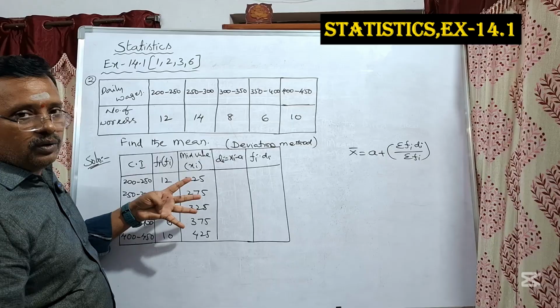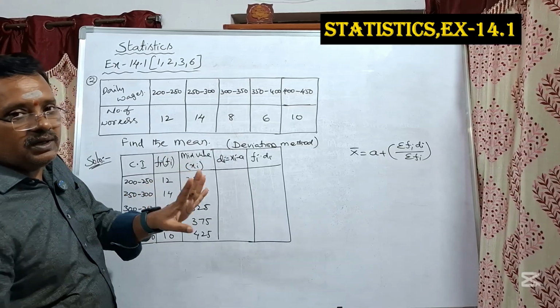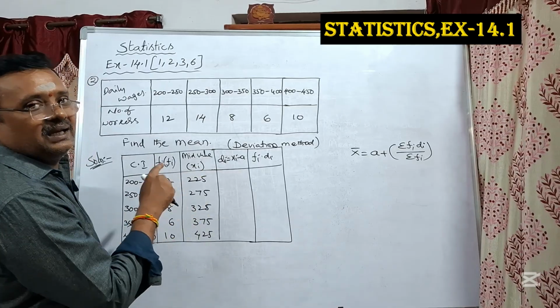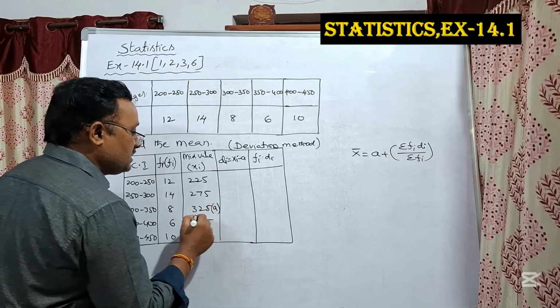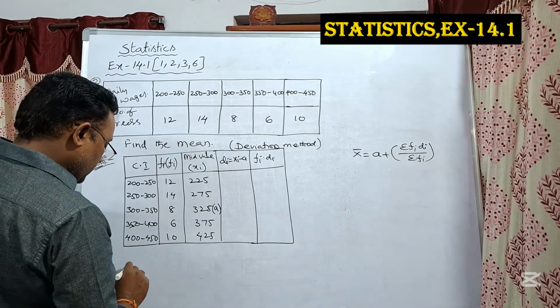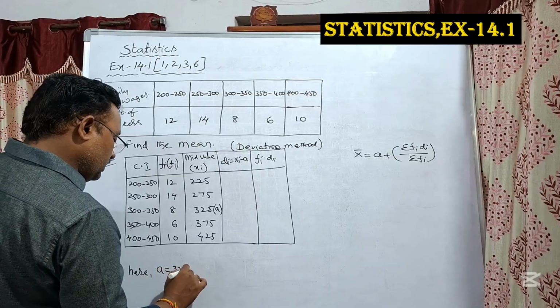If there are 4, you can take either of the two middle ones. Actually you can take any one as assumed mean. So I am going to take 325 as assumed mean A. So specify this here: assumed mean A is equal to 325.